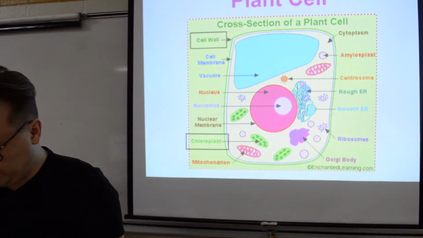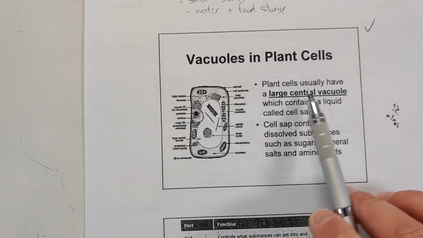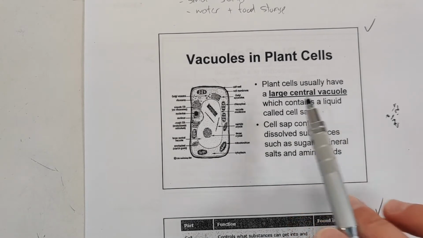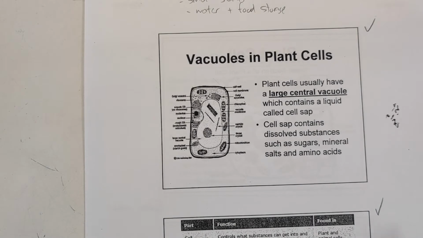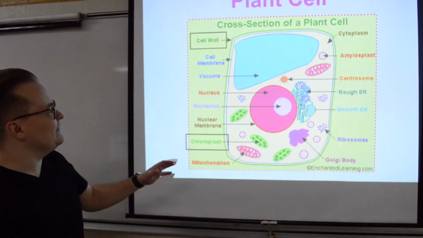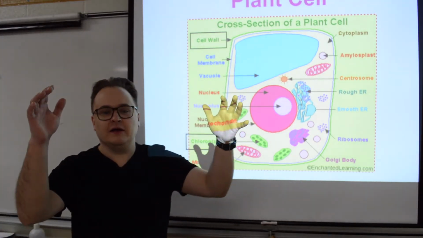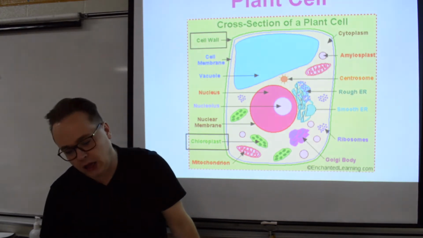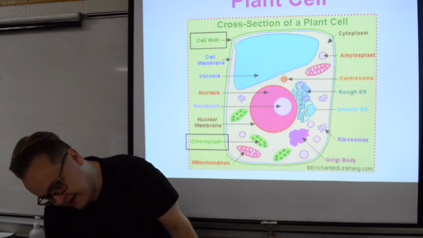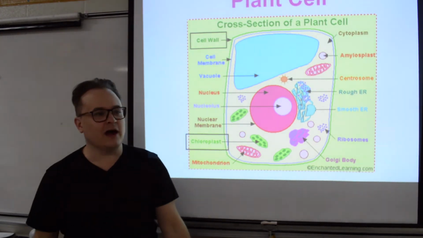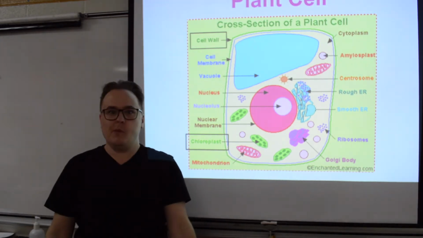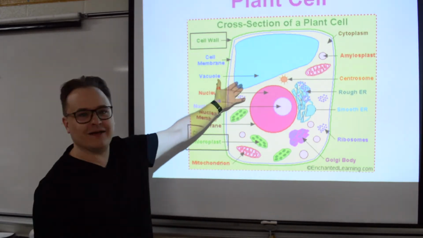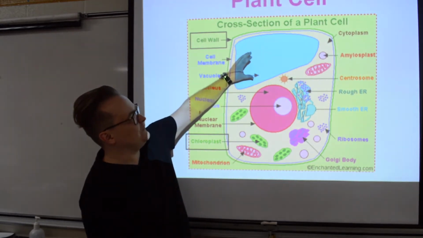And see, if you look at the slide here, vacuoles in plant cells usually have a large central vacuole which contains liquid called cell sap. It's everything. This is the life of the cell. Have you ever seen a plant that is dying and wilting because it's running out of water and food, and then you give it water and the plant perks up? That's because in every cell of that plant, this vacuole will shrink if it doesn't get water.